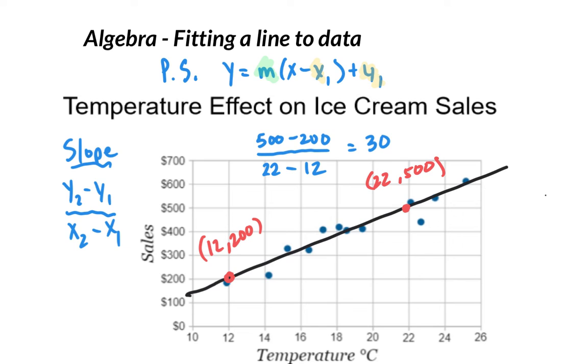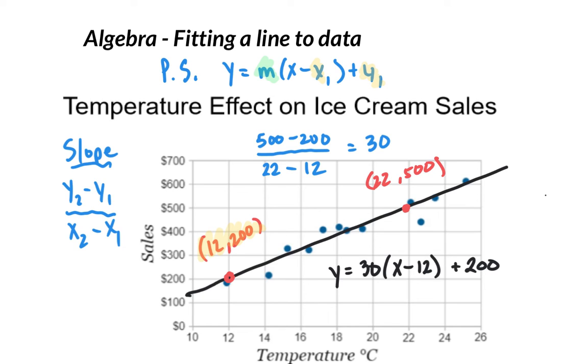I'm going to pick, it doesn't matter which one I pick, but I'm going to pick this first coordinate right here, okay? So my slope was 30, so I'm going to have y equals 30, and then I'm going to have x minus the x part of my point plus the y part of my point, okay? And that is my line.